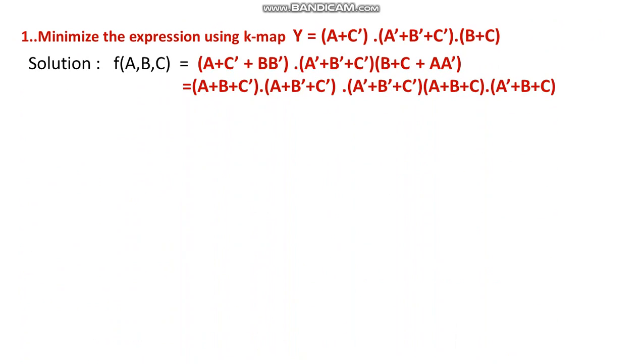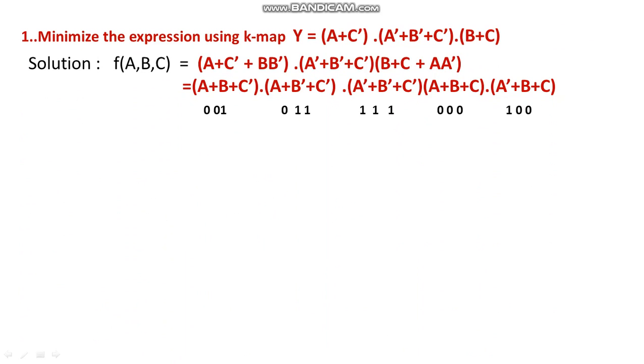So we will find the missing variable. In the first term, B was missing, so I ORed with B times B bar. And in the second sum term, we have all the variables, that is fine. But in the third sum term, A was missing, so I ORed with A and A bar. Simplified using Boolean, using the distributive law.